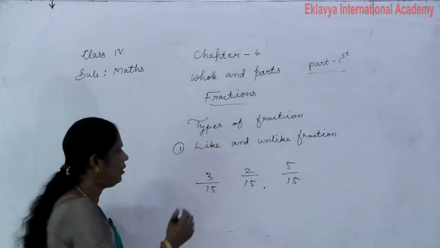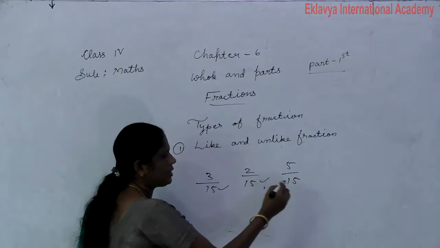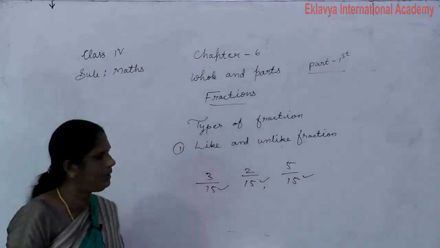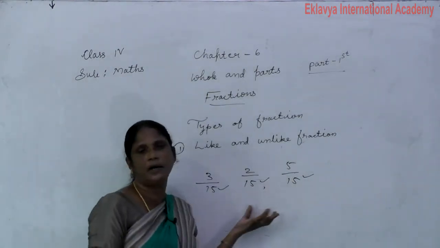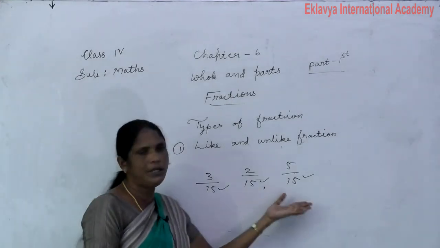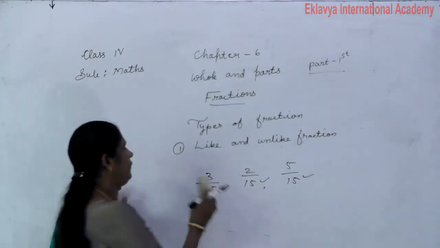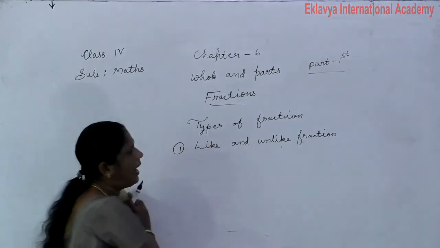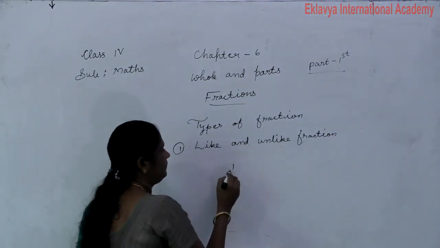Here, all of you look, here 15, here also 15, here also 15. All denominators are same. That fraction is called like fraction. Next, unlike fraction.